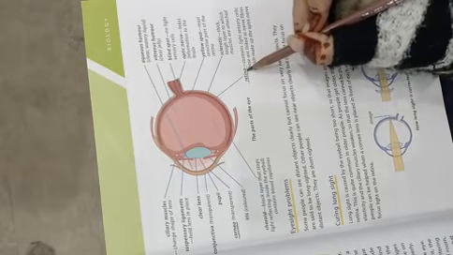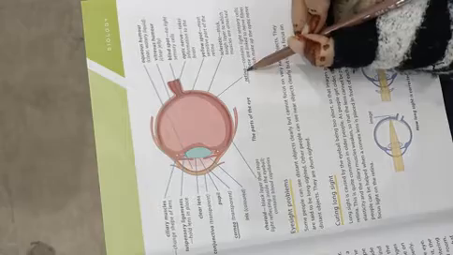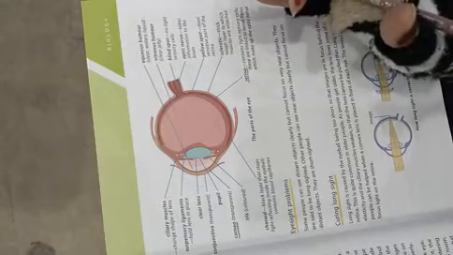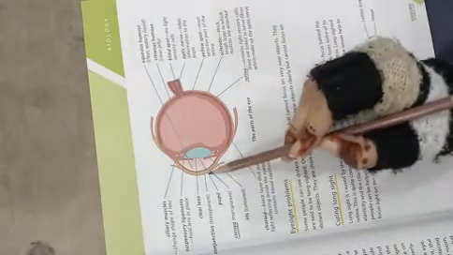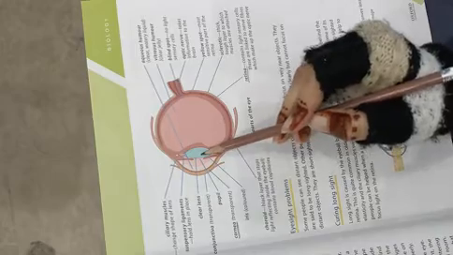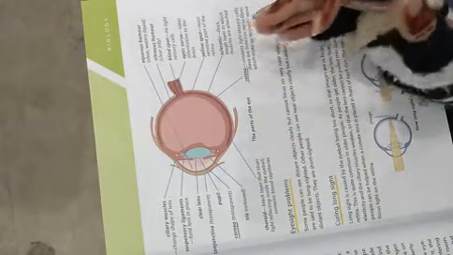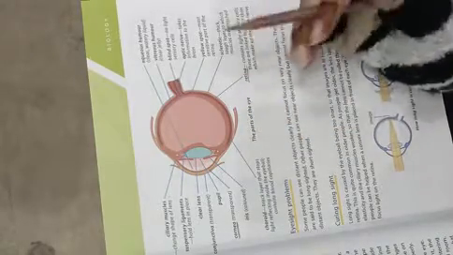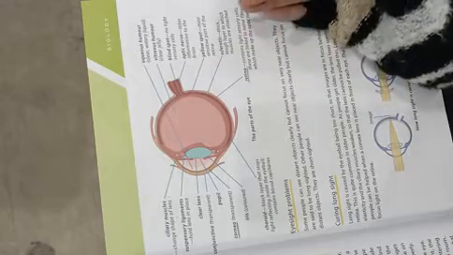retina. Now what is the function of the retina? The retina is basically a layer behind the cornea and the lens, where the image of an object is created upside down.